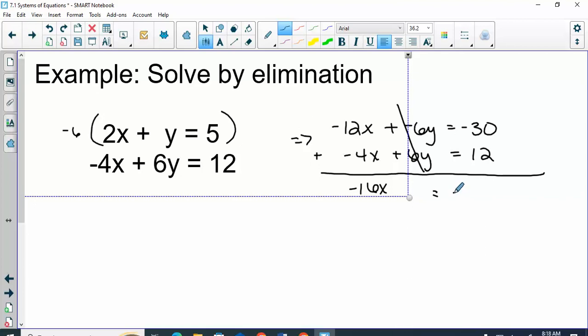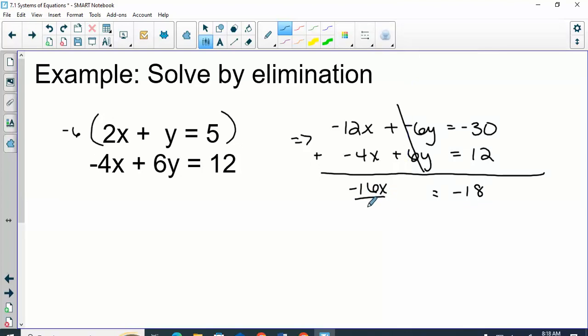Negative 30 plus 12. So then what? Be negative. Be positive 9. You got by 16. What?